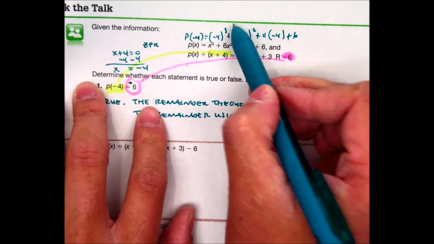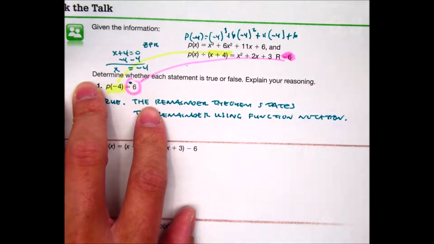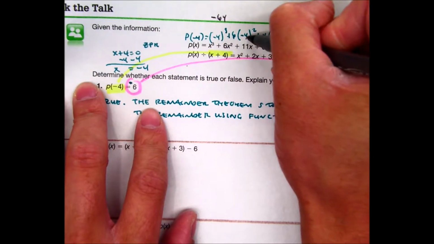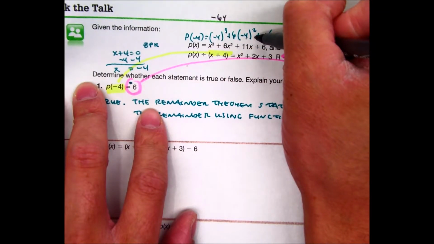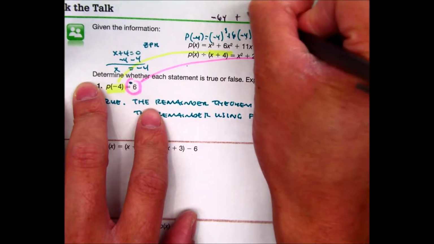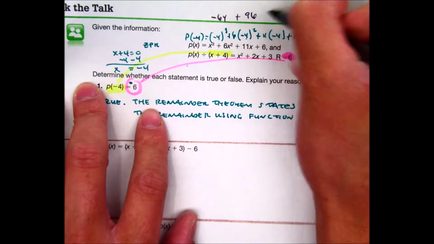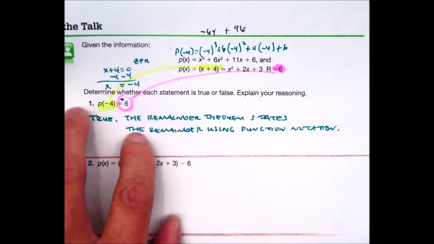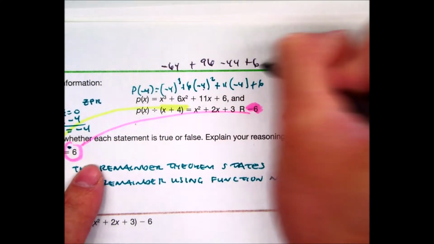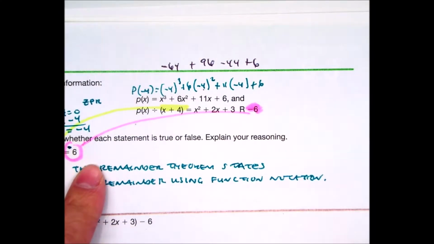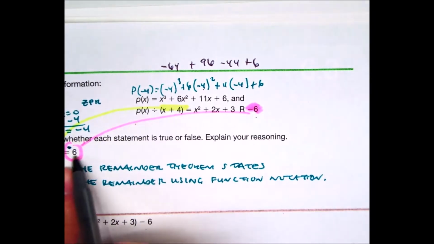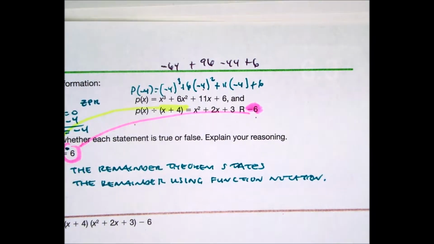Class, what's -4 cubed? -4 squared. 16 times 6 is positive 96. -4 times 11 is -44, plus 6. And if you add all those up together, what do you get? -6. Okay, so that should have read -6. Okay.